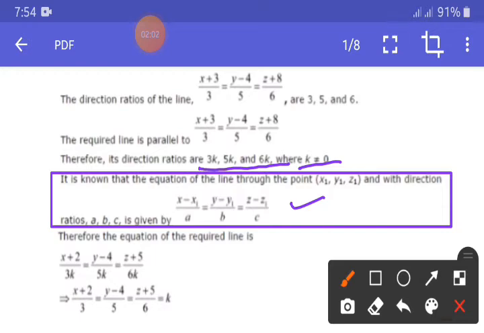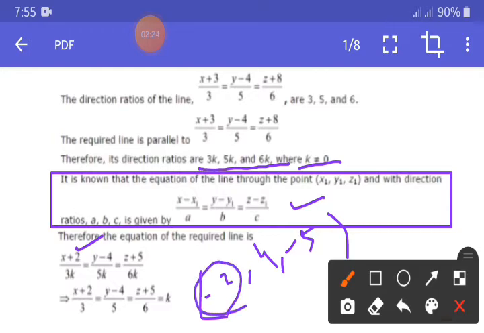Therefore, the equation of the required line, where the given point is (-2, 4, -5), is (x + 2)/3k = (y - 4)/5k = (z + 5)/6k.